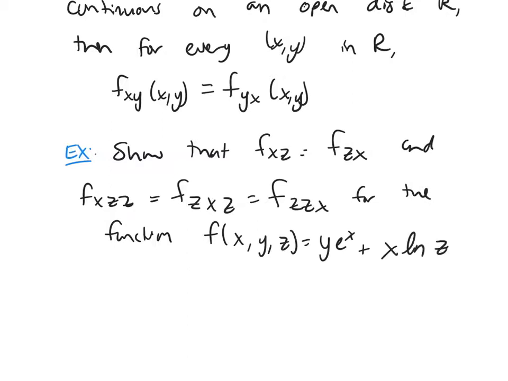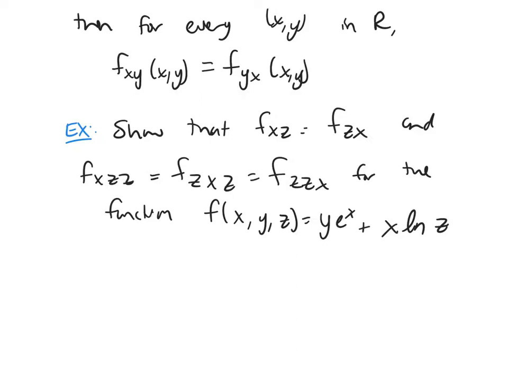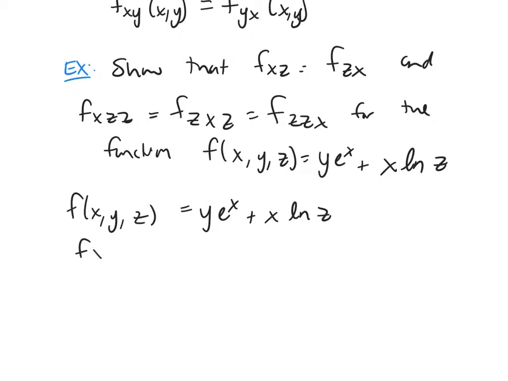So if I look at my partial derivatives here, I only need x and z. None of these contain y. And so I'm going to start by finding fx. So I'm going to write my function y e to the x plus x ln z. Find fx, y e to the x plus ln z, and then find fz, which will be x over z.